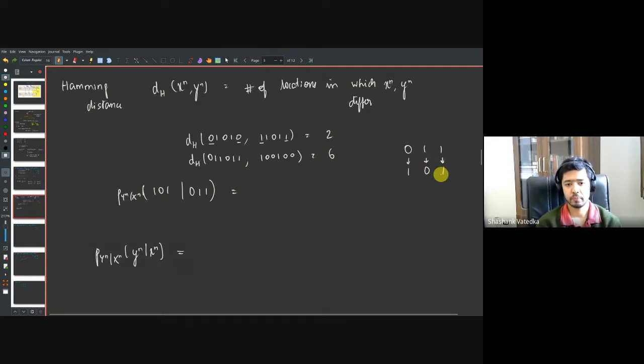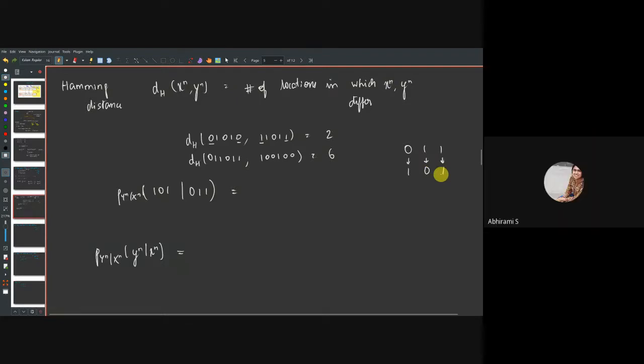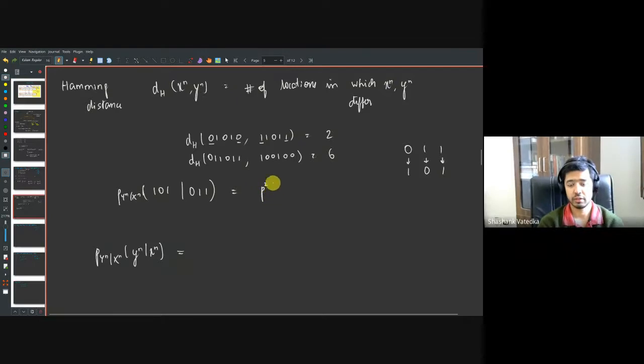Probability of getting flipped per bit is p. Correct. So p square into 1 minus p. So the probability that this gets flipped is p, this gets flipped is p, and this remains the same is 1 minus p.